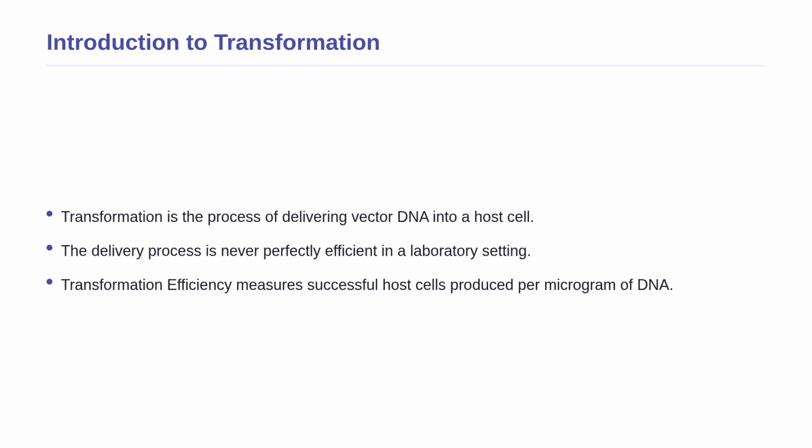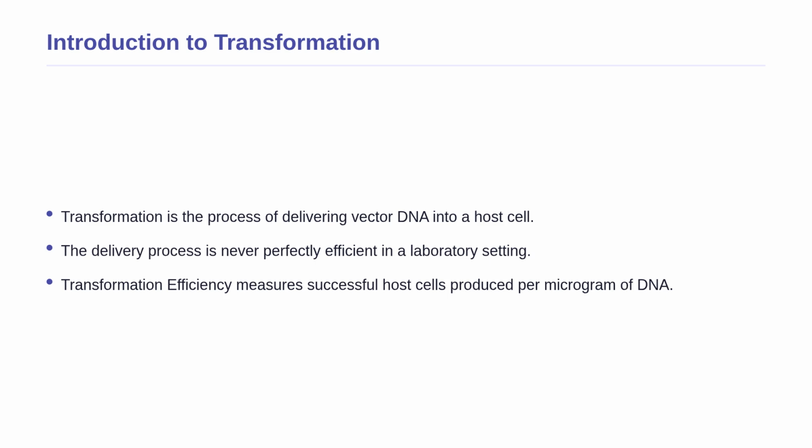Now, the actual laboratory process of using a cloning vector to deliver DNA into a host cell is called transformation. However, unfortunately, this process is never perfectly efficient. Not every single cell in our test tube will successfully take up the vector.